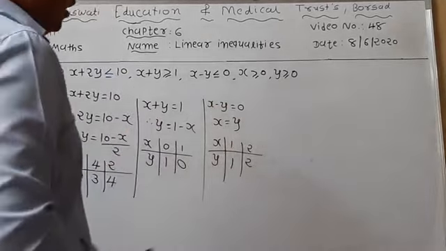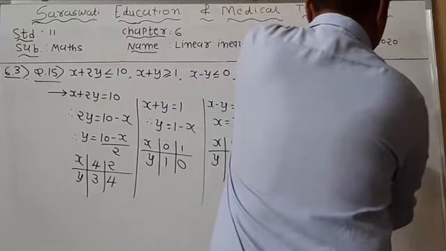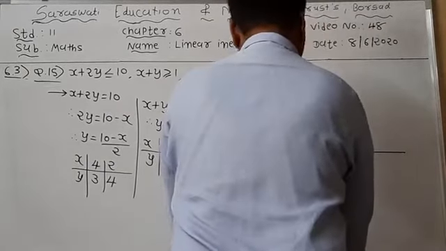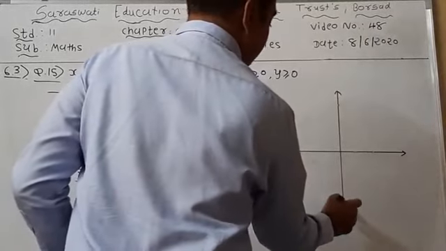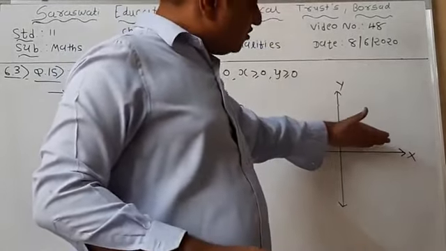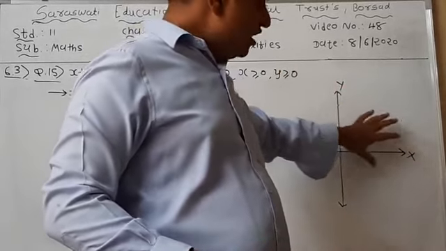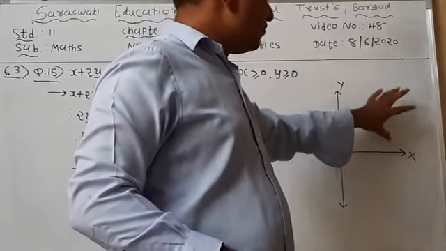Now x greater than or equal to 0 and y greater than or equal to 0 are already present. x greater than or equal to 0 means the position of the graph is on the upper side, and y greater than or equal to 0 means the graph is on this side.